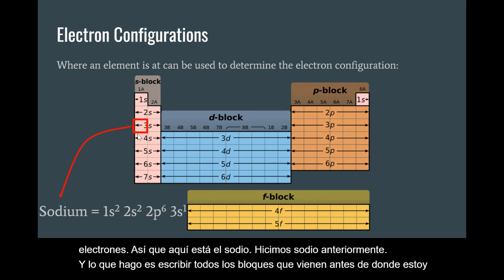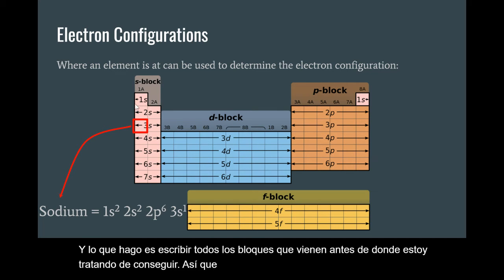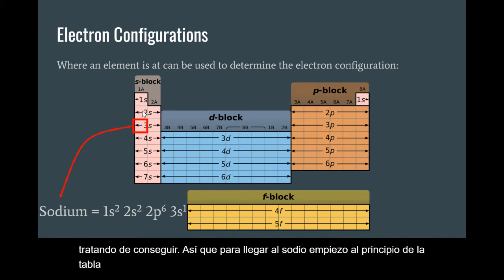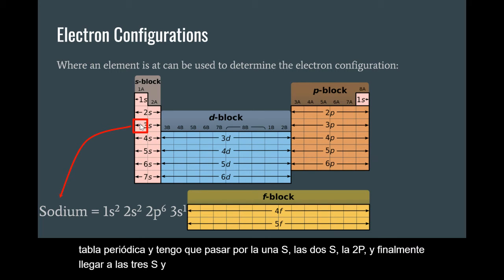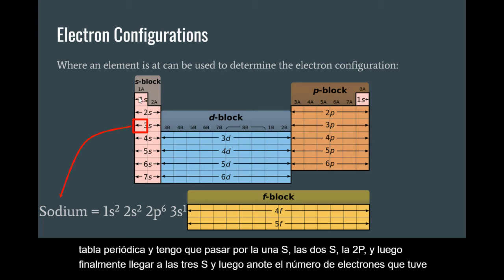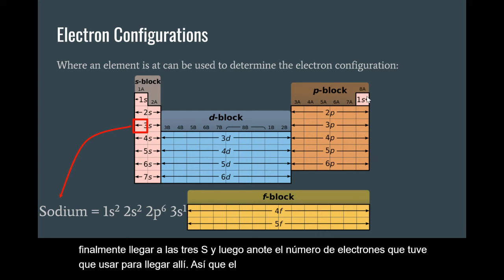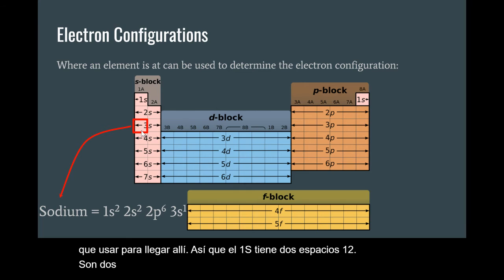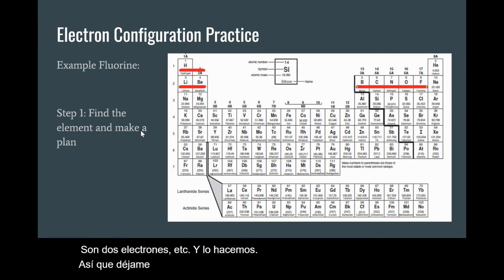So to get to sodium, I start at the beginning of the periodic table, and I have to go through the 1s, the 2s, the 2p, and then I finally get to the 3s. Then I write down the number of electrons that I had to use to get there. So the 1s has two spaces, 1, 2, that's 2 electrons, and so on and so forth. Let me show you this in a step-by-step way.